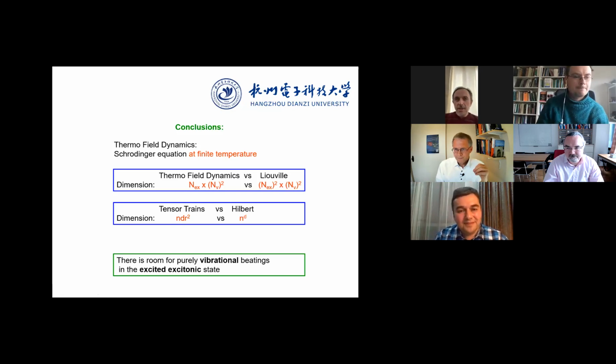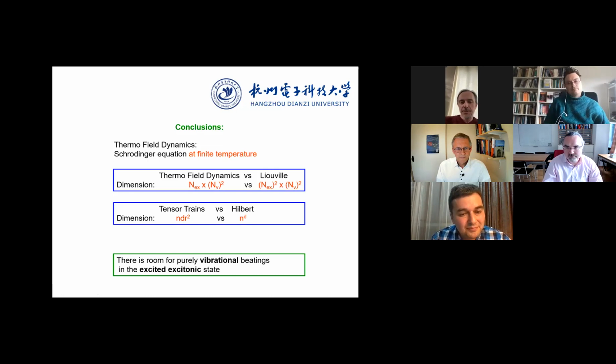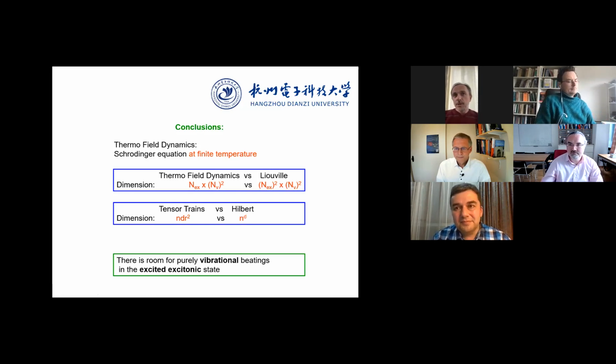Hi, Maxim. Thank you. Very nice talk. I have a fundamental problem with understanding actually Thermofield dynamics, and I hope you can clarify this. My problem is the following. You introduce some additional degrees of freedom, so you get temperature-dependent couplings, and then you end up with a new Hamiltonian.